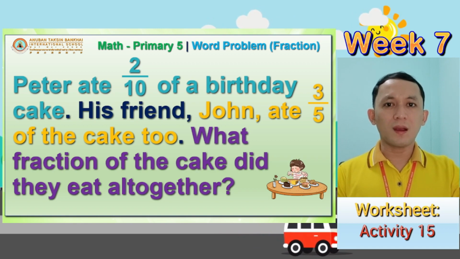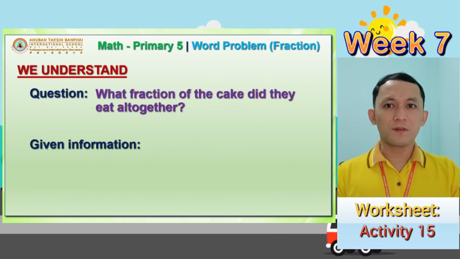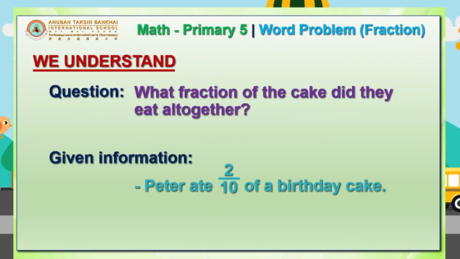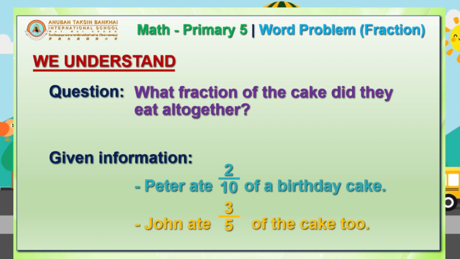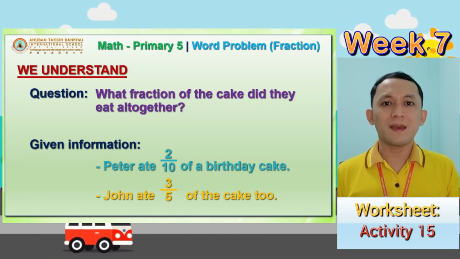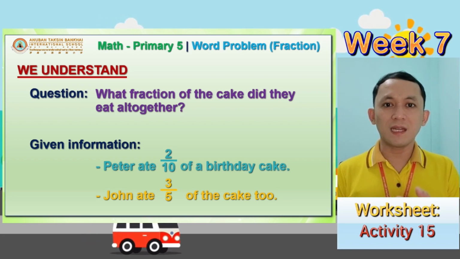Now we write them in our given information: Peter ate 2/10 of the birthday cake, and John ate 3/5 of the cake. By the way, you can rewrite the sentence if you want, as long as the information and the thought are still the same.